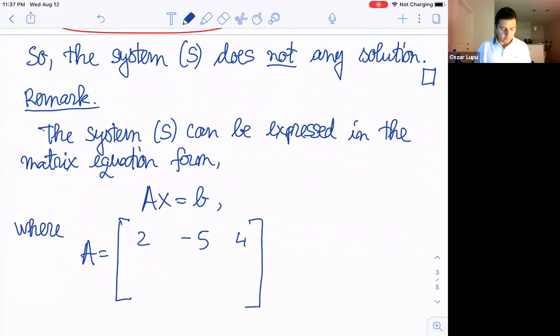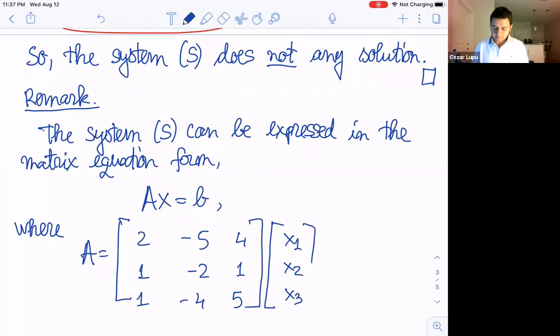It will be a 3 by 3 matrix, 1, negative 2, 1, and the last row will be 1, negative 4, and 5. Our vector X will be X1, X2, X3, a column vector, and the vector B is B1, B2, and B3, right?